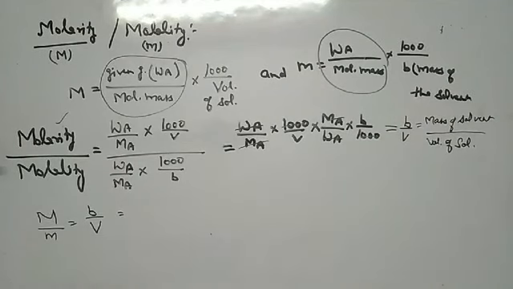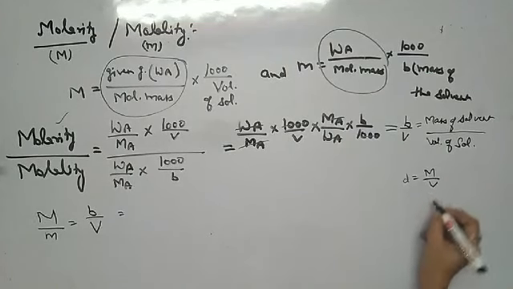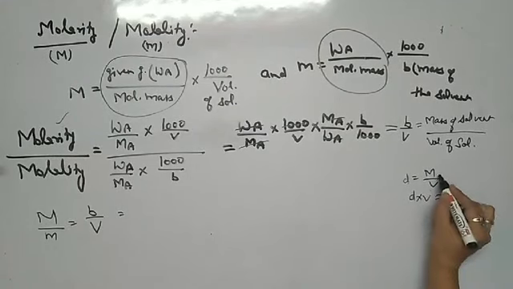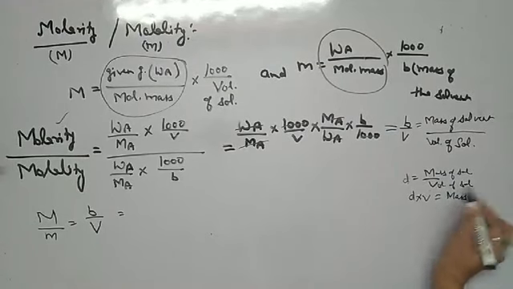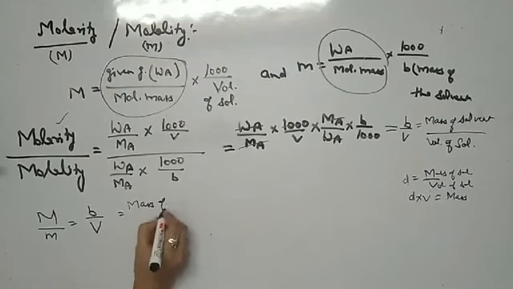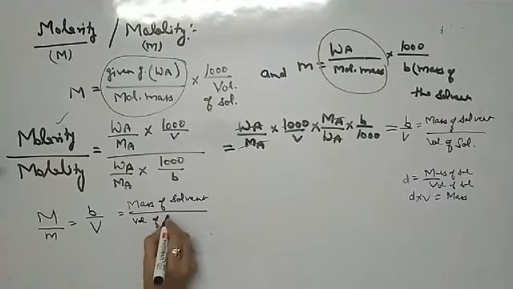Actually, if density is given, then density is equal to mass upon volume. So density into volume is equal to the mass of solution. Density is the mass of solution upon volume of solution. Is it clear? So we can also apply this for the mass of the solvent and the volume of the solution. Actually this is mass of solvent upon volume of solution.